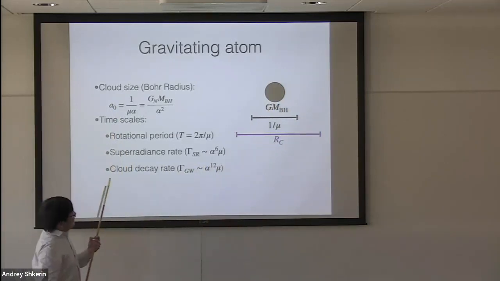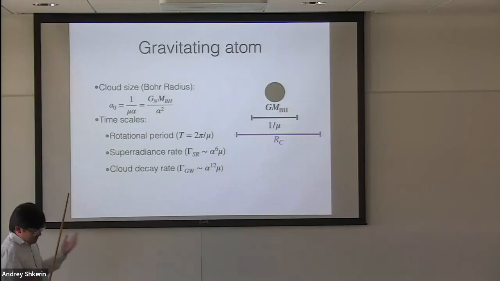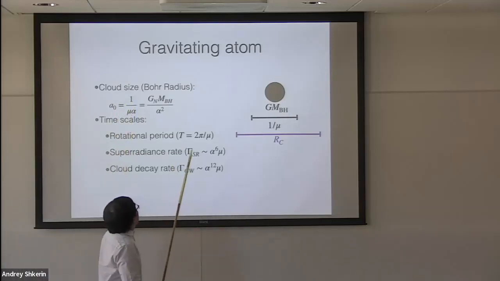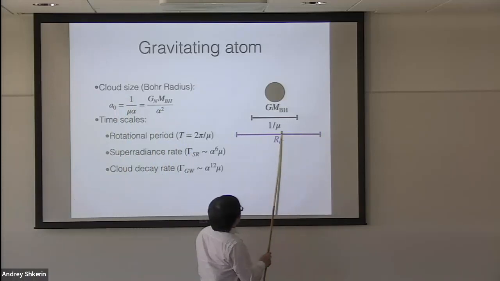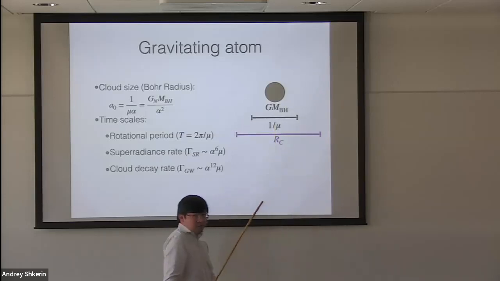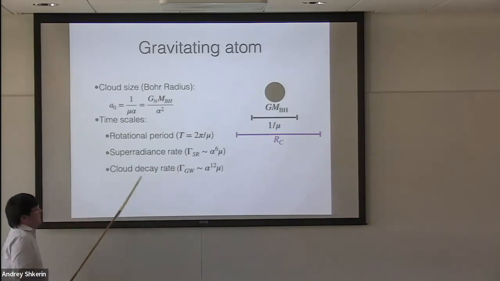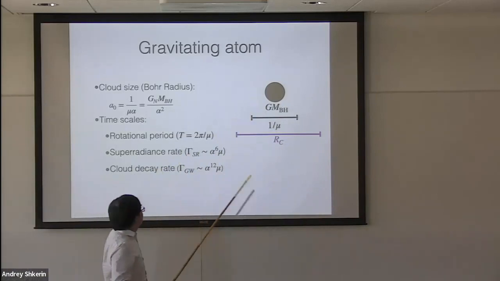There's also the cloud size, which is the Bohr radius of this rotating atom, which will have a size that is 1 over mu times an exponential constant, and it goes as Gm over r squared. The important thing to remember is that this cloud is even bigger than 1 over mu, which is equal to 1 over omega, the rotation speed of the black hole when the superradiance happens. So that's the three length scales, which has this pyramid structure, because we're going to come back to it.